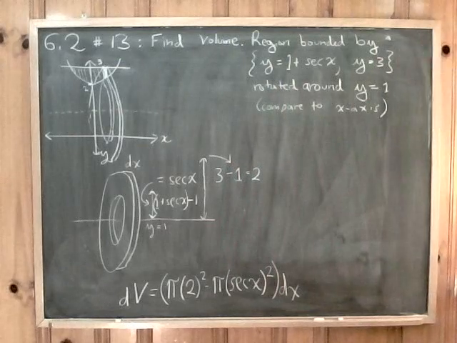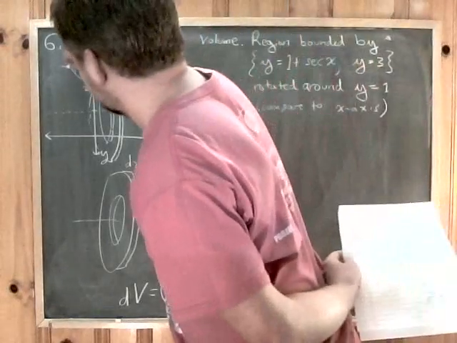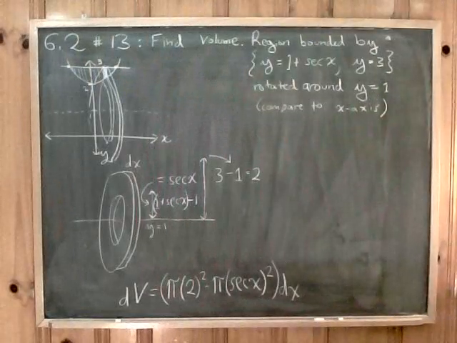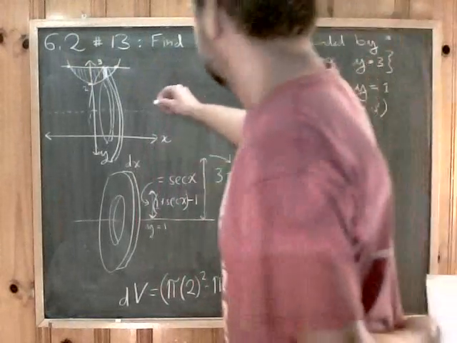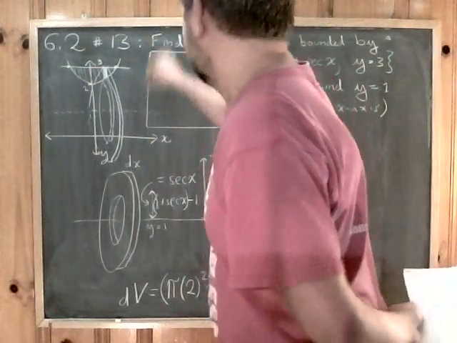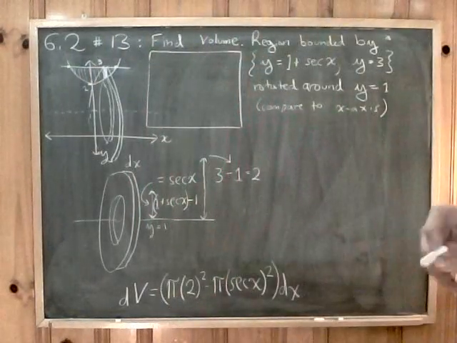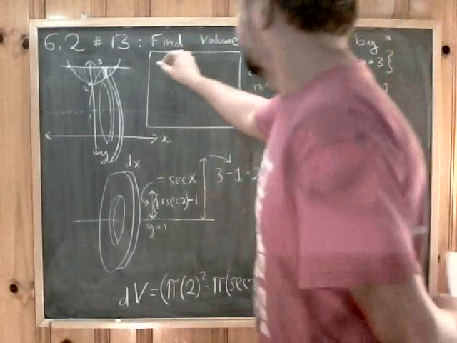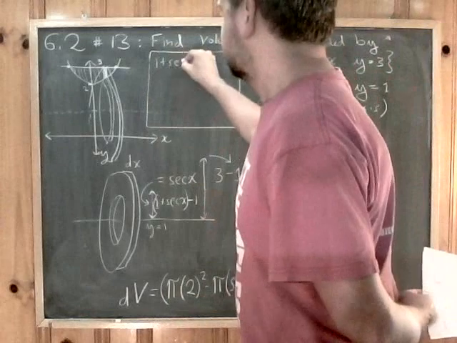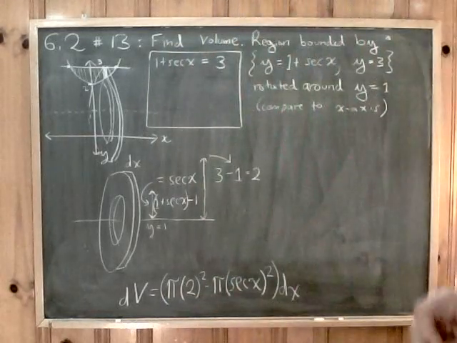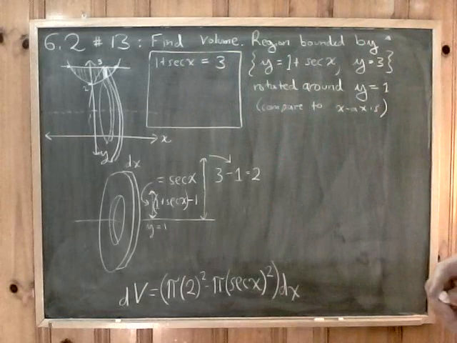I do need to figure out where these two points are too. That's a pretty quick calculation. So the intersection points: I'll set the straight line equal to the curve. This is an intentionally easy problem.